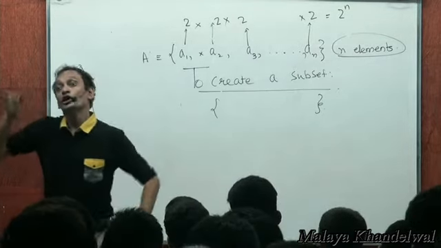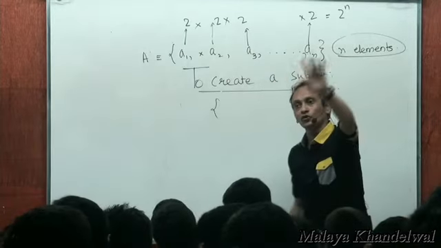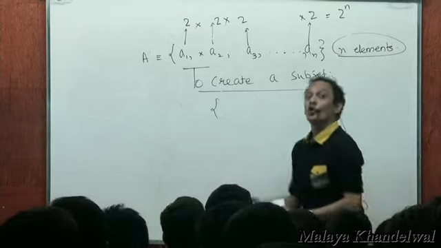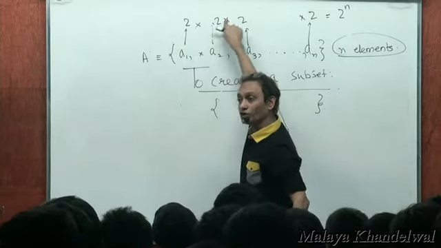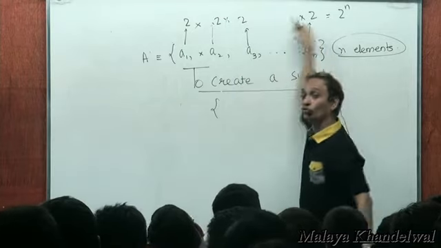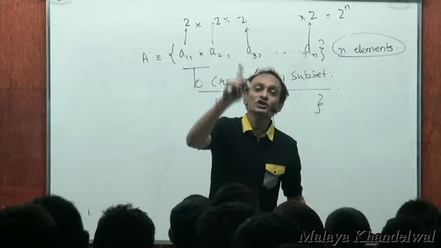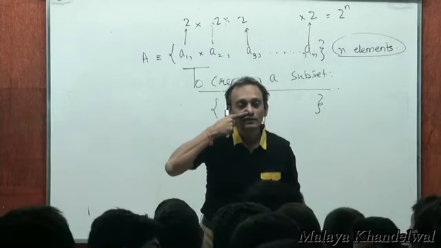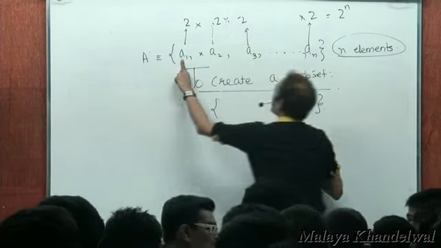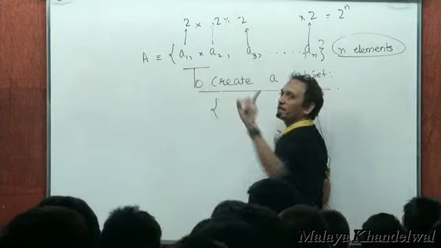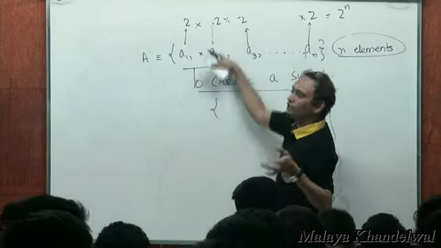And this includes a case in which A1, A2, A3, An all are included. That's one subset. It also includes the second possibility: A1 not included, A2 not included, A3 not included, An not included. None included will create a null set. Because in my attempt to select A1, I have included two possibilities, one in which A1 is selected, one in which A1 is not selected, and likewise for A2.